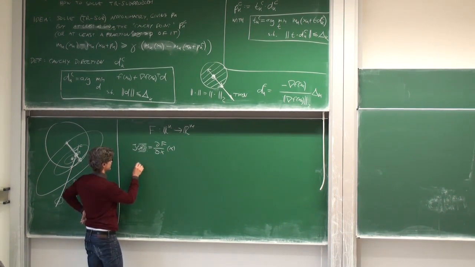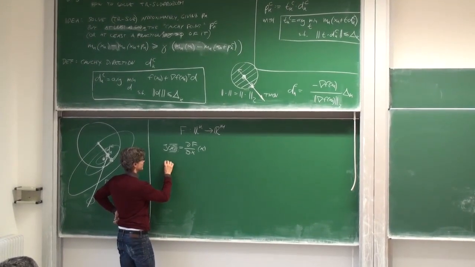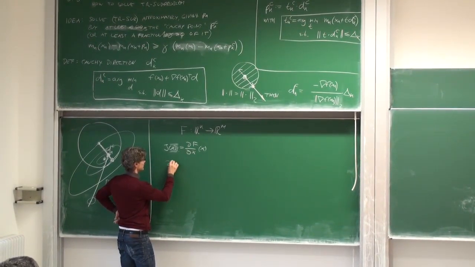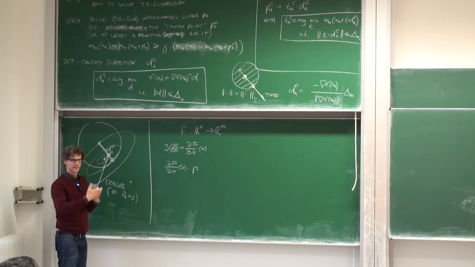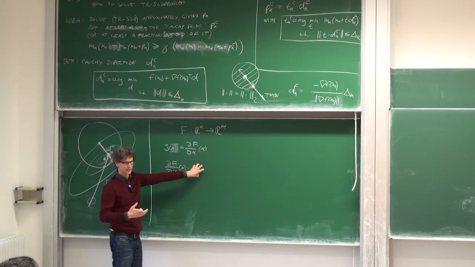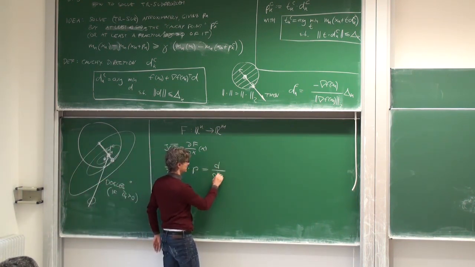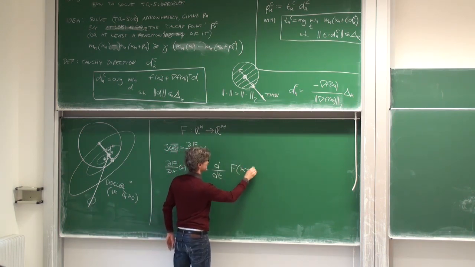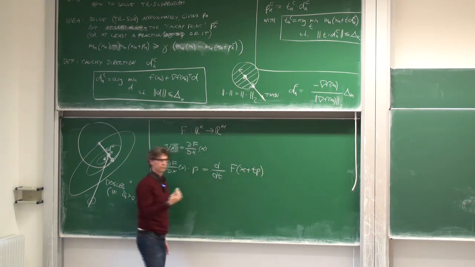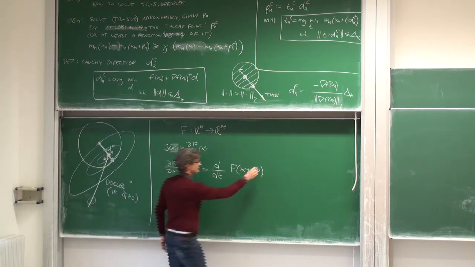What you would be interested in is very often df/dx at x in some direction p. So how does the function vary when you go in the direction p? This is, of course, the same thing as d/dt of the function f(x + tp) at t equals 0.